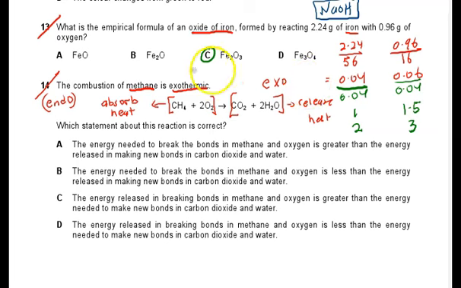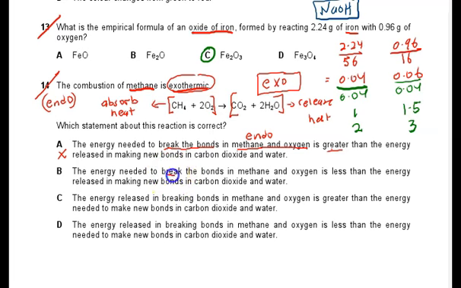Okay, so with understanding this concept, now let us go through one by one. The energy needed to break the bonds in methane and oxygen is greater. So it means they are saying the endothermic energy is higher than the exothermic energy. That is wrong, because they already mentioned that exothermic will release greater energy compared to the endothermic.